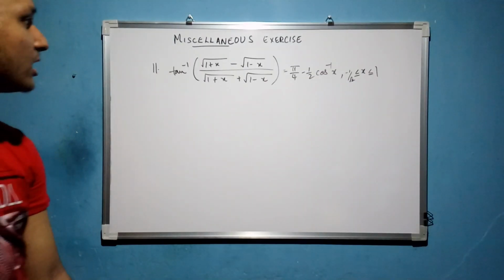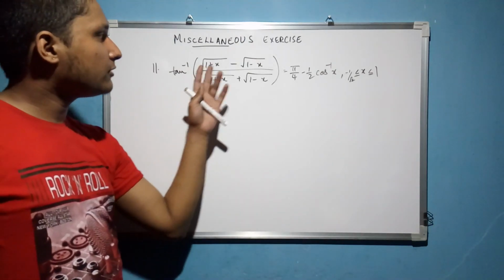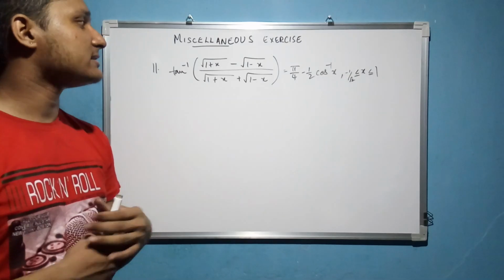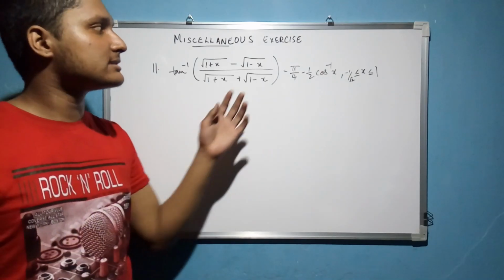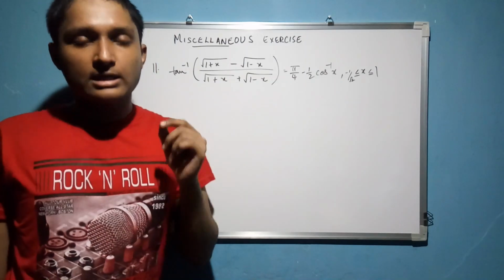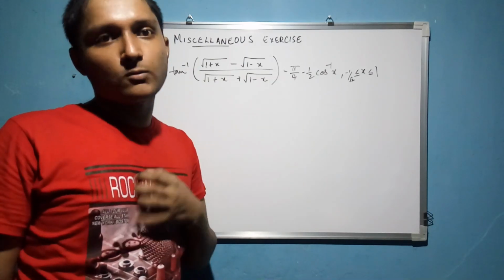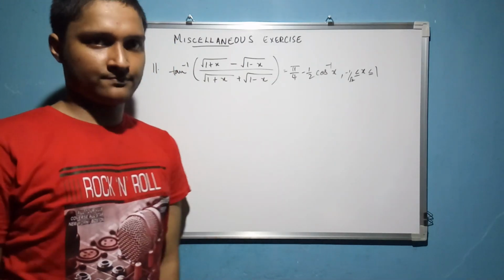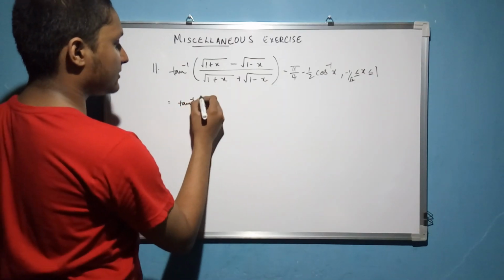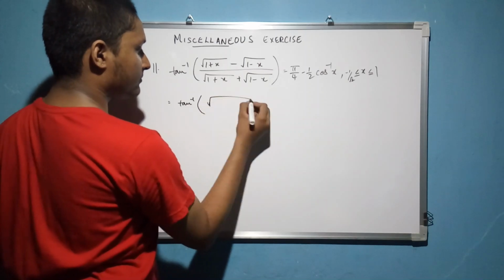The 11th question is about tan inverse of (root of 1 plus x minus root of 1 minus x) divided by (root of 1 plus x plus root of 1 minus x) is equal to pi by 4 minus half cos inverse x. There is a hint given in the textbook, put x is equal to cos theta. Okay, applying that, I'm going to skip many steps in between because I think you know most of the things.